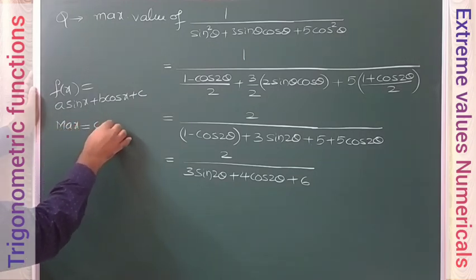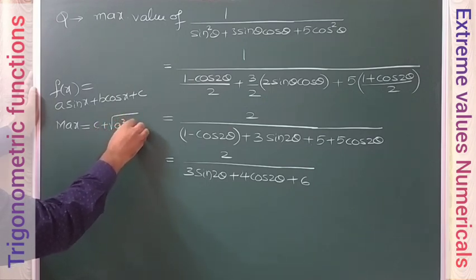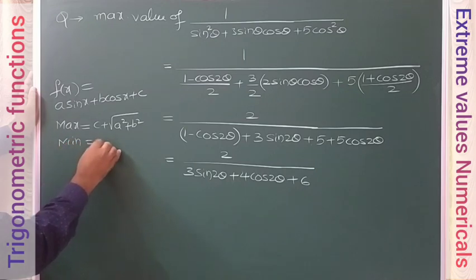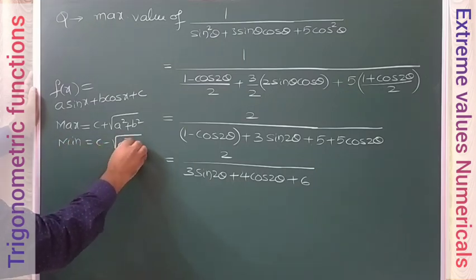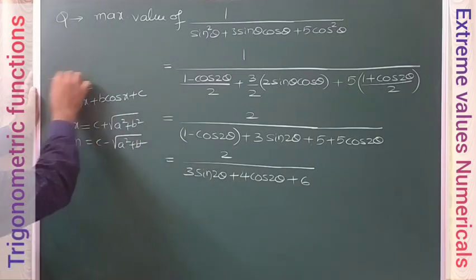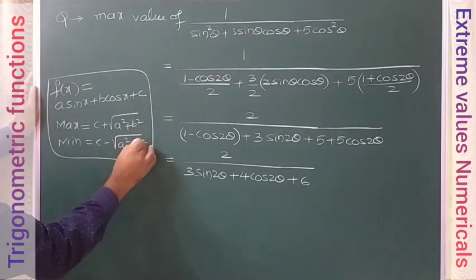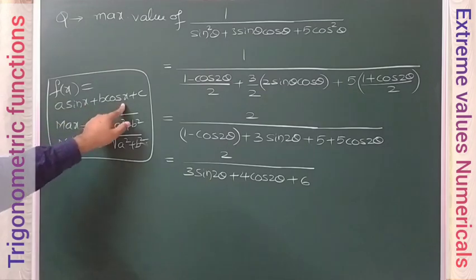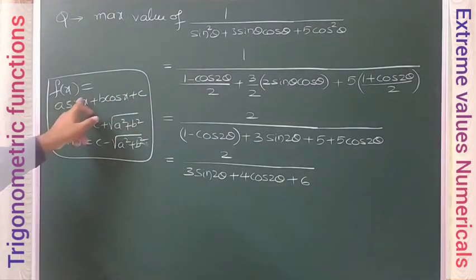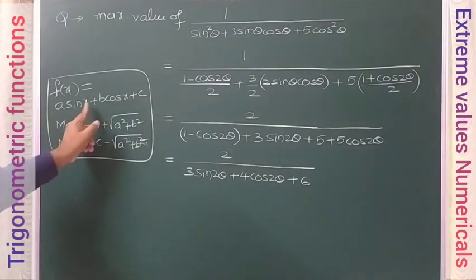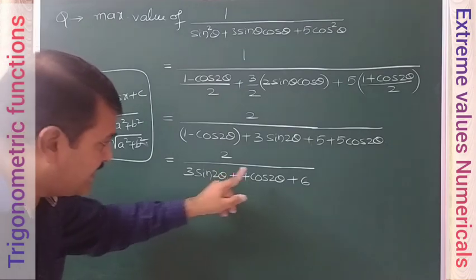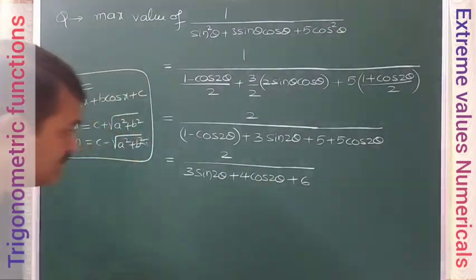Maximum value will be c plus under root a square plus b square, and the minimum value will be c minus under root a square plus b square whenever you have a function of this form. Sin and cos must be with the same angle. That is the basic thing you have to see. Here sin and cos are with the same angle.